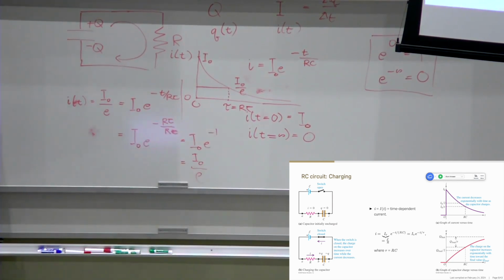So basically, coming back to this analogy, the larger the water tower, the larger C, it takes longer to empty this water tower. So let's write the same. The time constant is equal to RC.